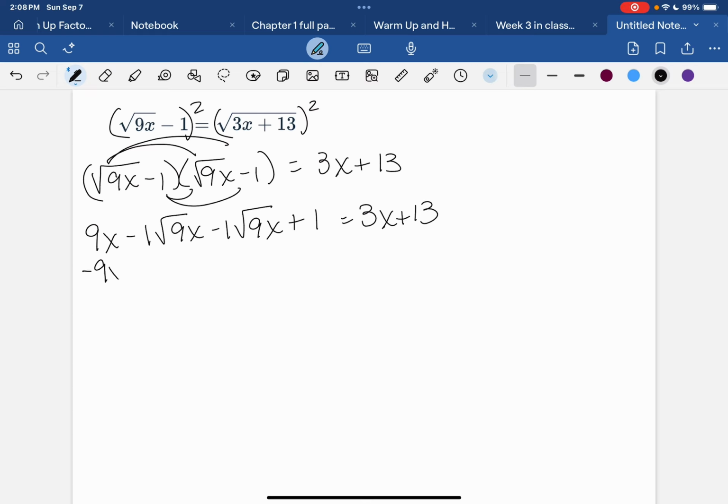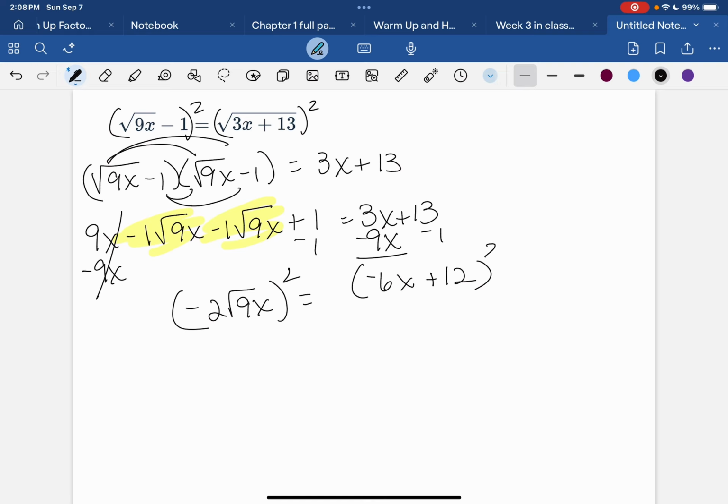So I minus the 9x. That's negative 6x. Minus the 1, minus the 1. So minus 12 equals, now I have -1 of them minus 1 of them makes -2 of them square root of 9x. Then I'm going to square both sides again.